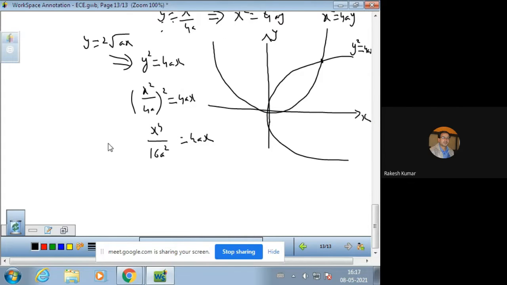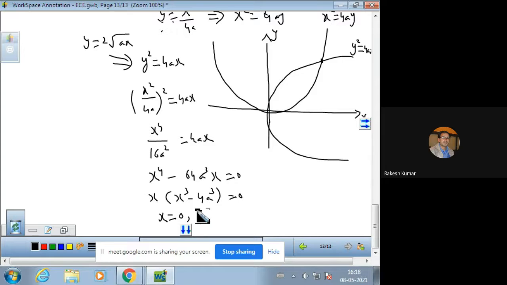So this can be written as x4 minus 64a cube x equal to 0. X can be taken common. X cube minus 4 a cube is equal to 0. So either x is 0 and x is equal to, we will have 4a.